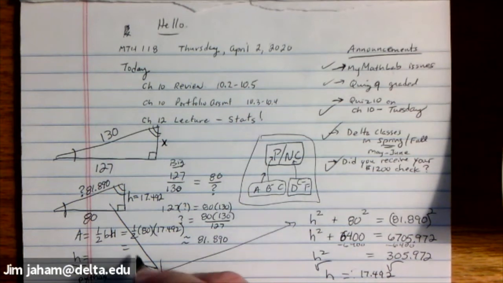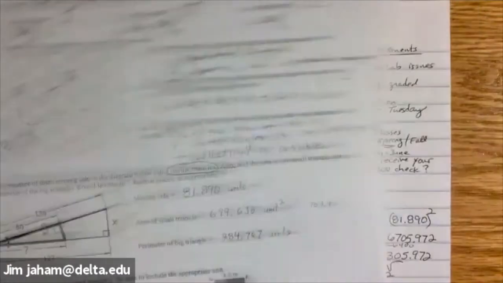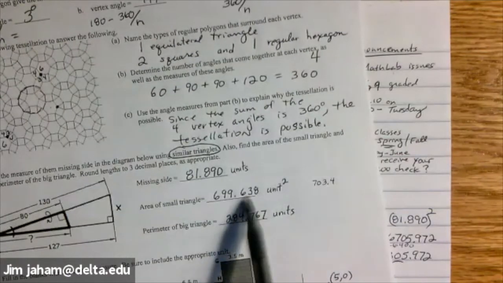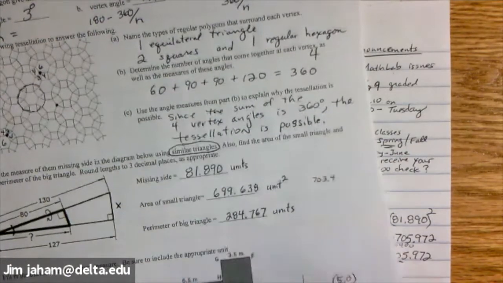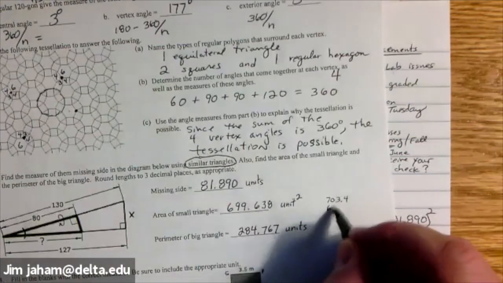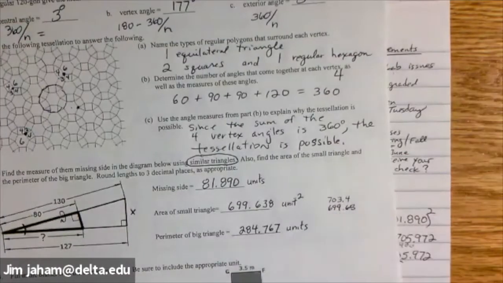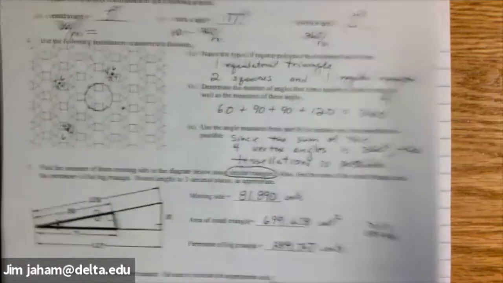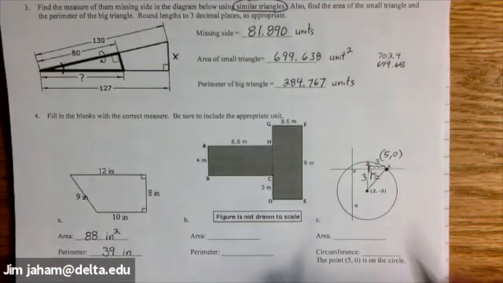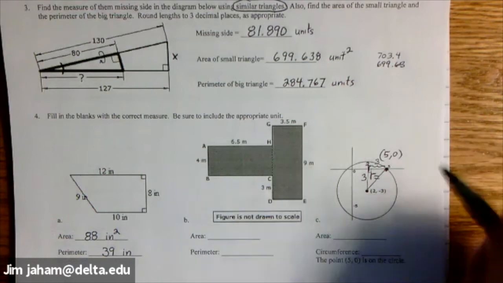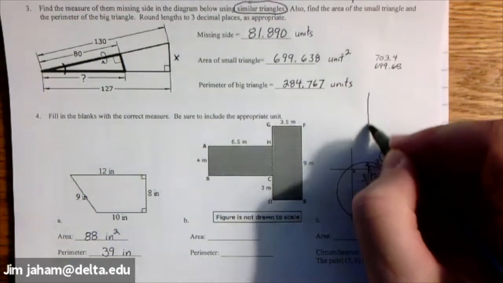And I get 699.68. So even, I think probably I didn't round that big number to get this, but it's close. 699.68. For the third one here, I'll magnify it a little bit.